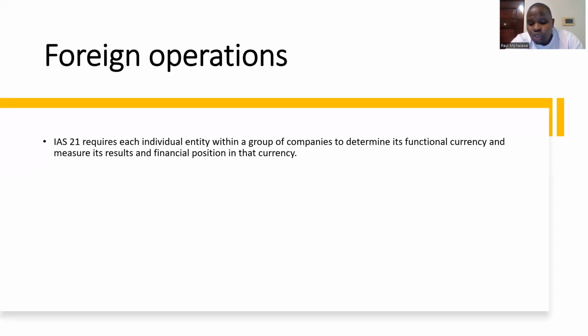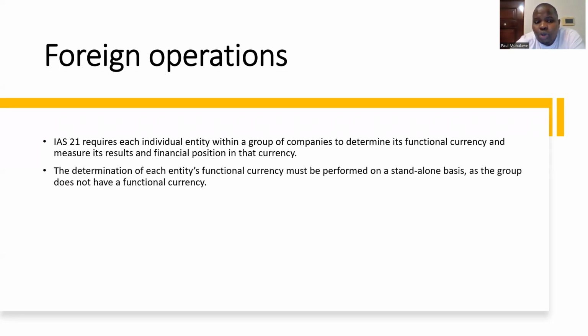Okay. So a Malawian origin company, for it to report its financial operations, it has to translate transactions of the foreign operation in Botswana into Malawi kwacha. Okay. However, the company might choose which currency should be its functional currency, where it's operating.